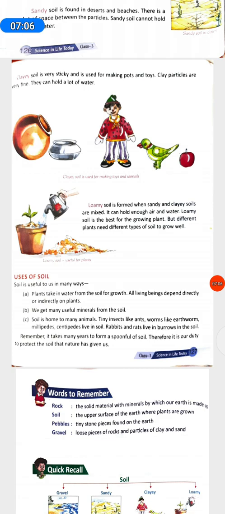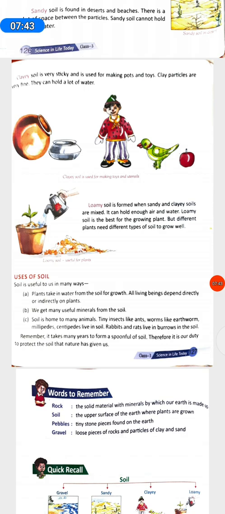Uses of soil. Soil is useful to us in many ways. Plants take in water from the soil for growth. All living beings depend directly or indirectly on plants. We get many useful minerals from the soil. Soil is home to many animals, tiny insects and ants, worms and earthworms, millipedes, centipedes live in soil.